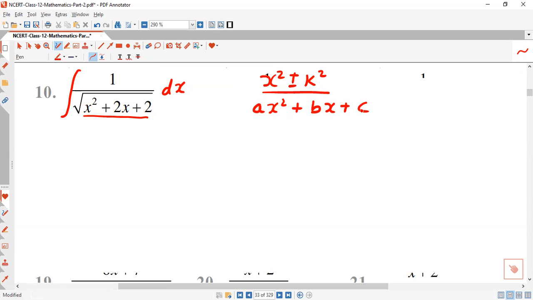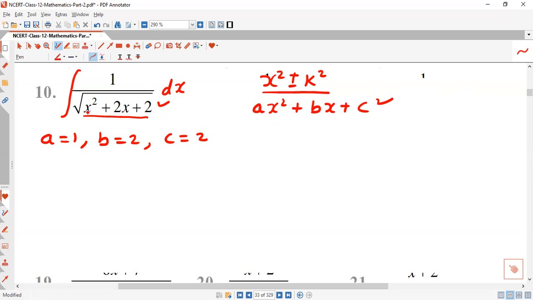The x square coefficient is 1, so a equal to 1. And b equal to 2. Compare the coefficient c: c equal to 2.